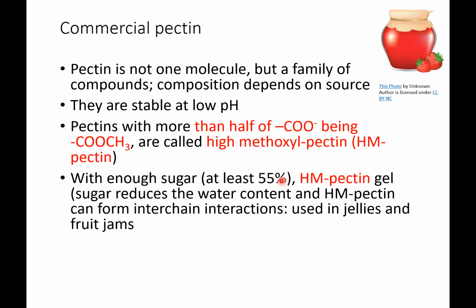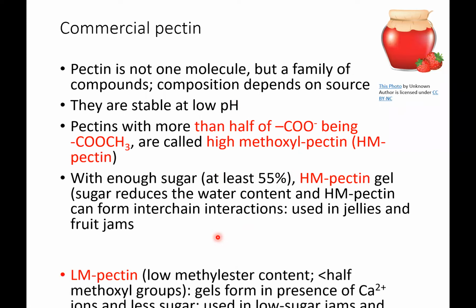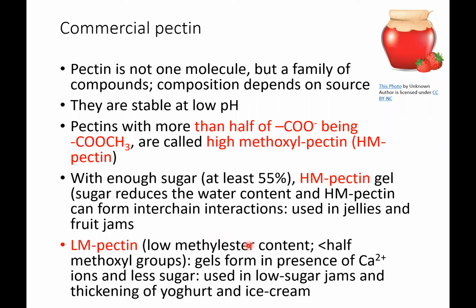These gels are useful in jellies and fruit jams. And if you have less than 50%, you have LM pectin, so low methyl ester content. You can use these for low sugar jams and also for other thickening. For example, yogurt is thickened with it.